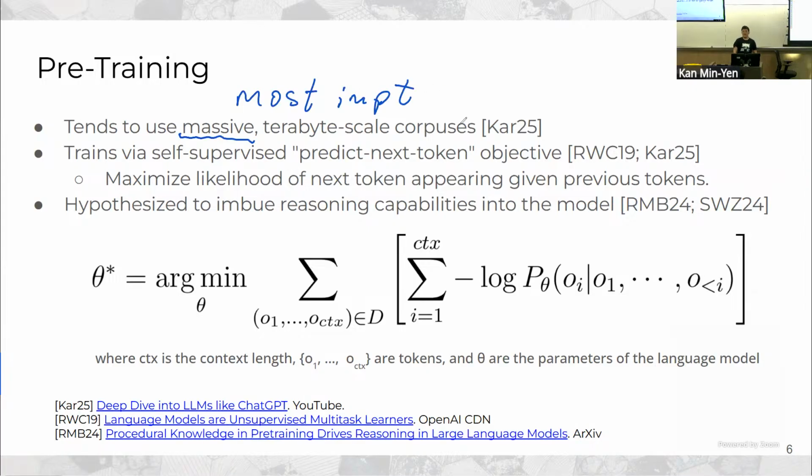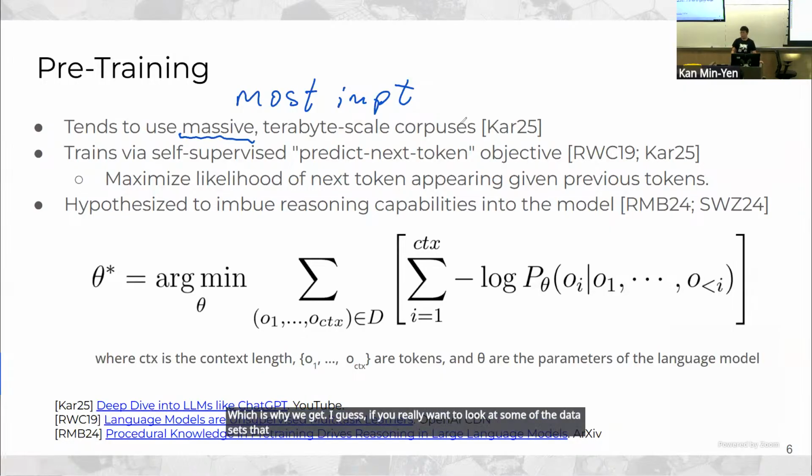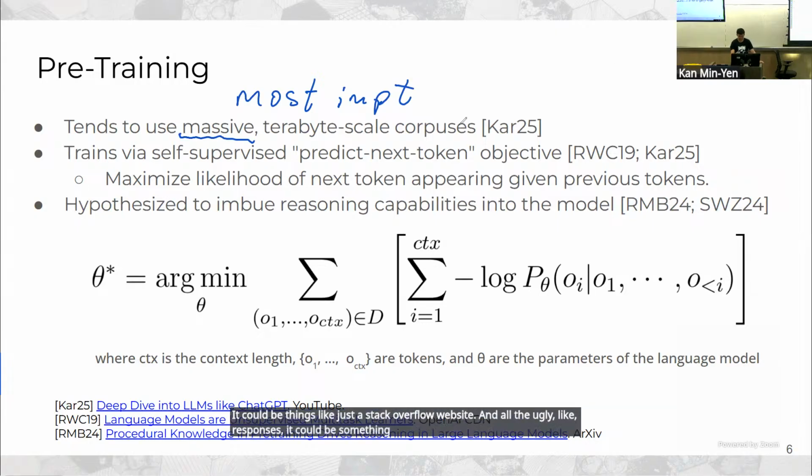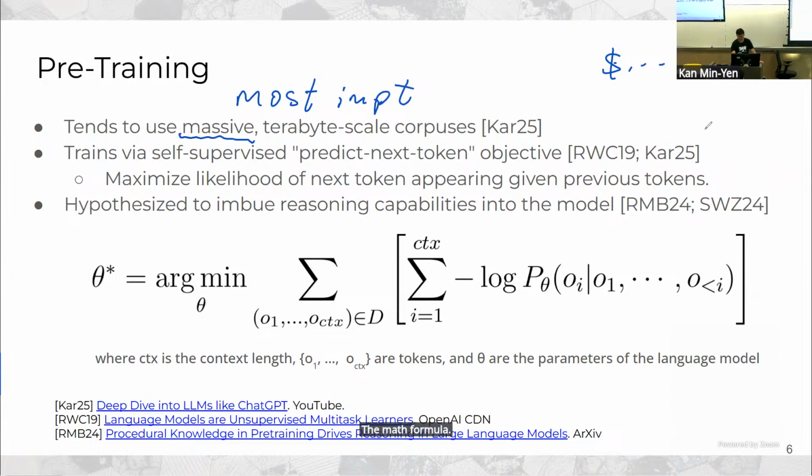Which is why, if you really went to look at some of the data sets that people use for pre-training, it could be things like just a Stack Overflow website and all the ugly responses. It could be something as ridiculous as a math formula, and then some nonsensical text before the user. It doesn't matter.